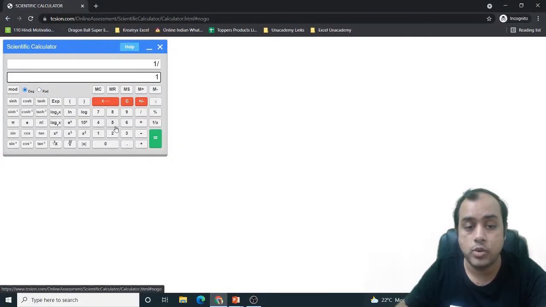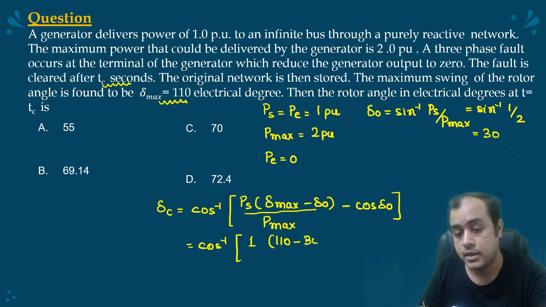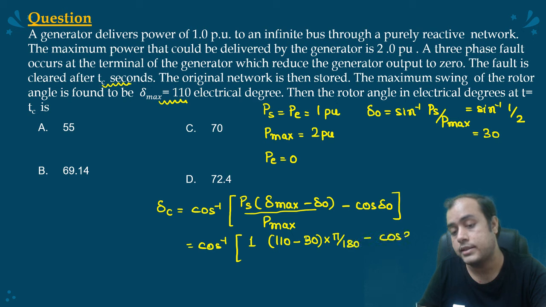So 1 by 2, I have set it in degree, 30 degree. Okay, so it is 30, but we have to use it in radian. So pi by 180 minus cos 30 by P max, that is 2.